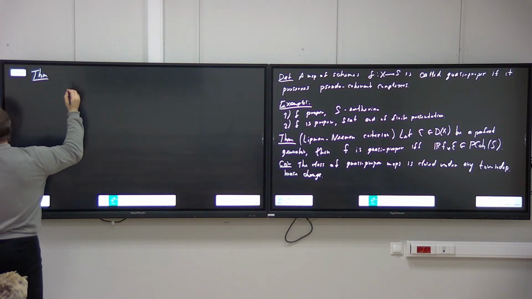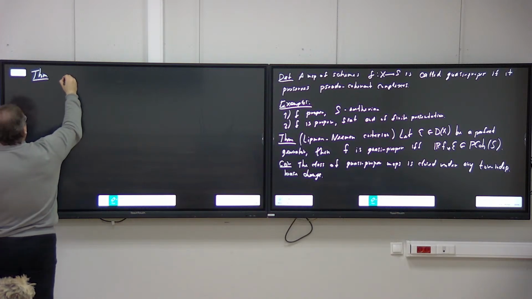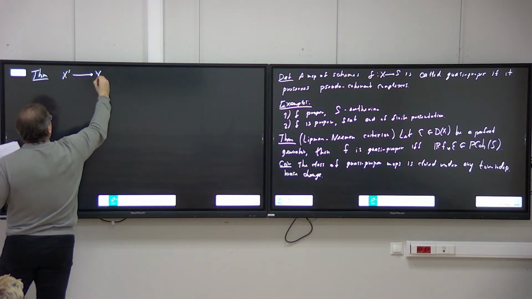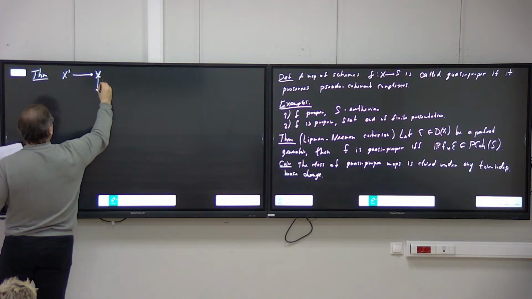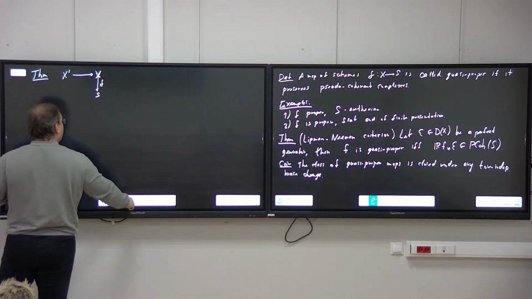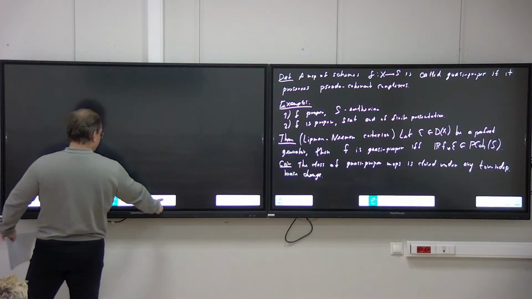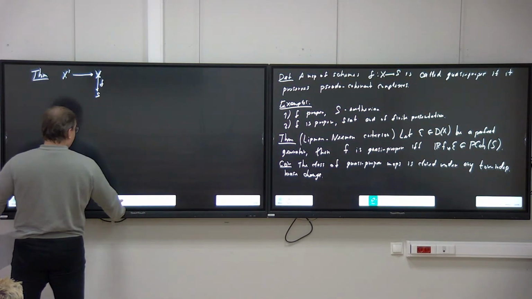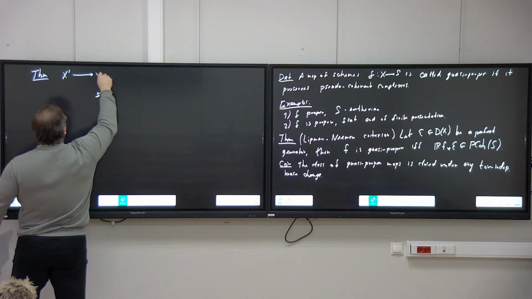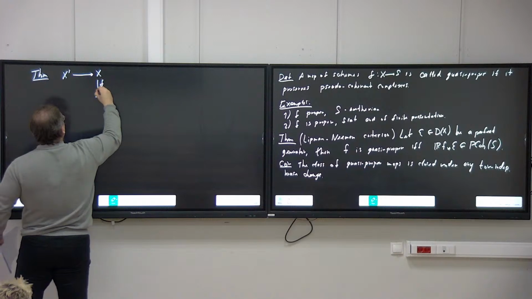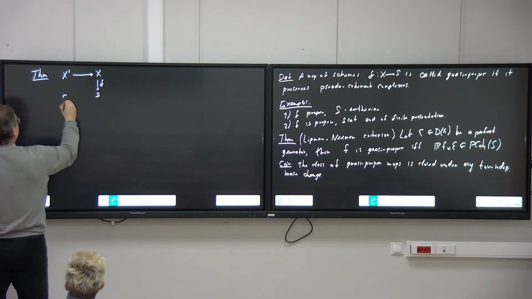So in this theorem, I still consider the standard Cartesian square as before. Take the diagram as before.